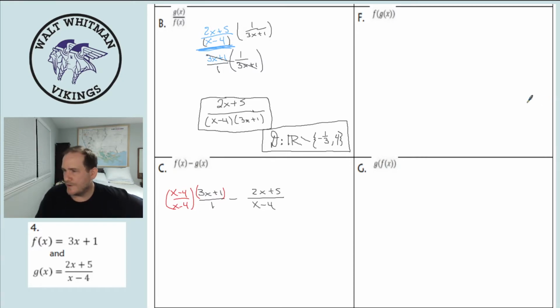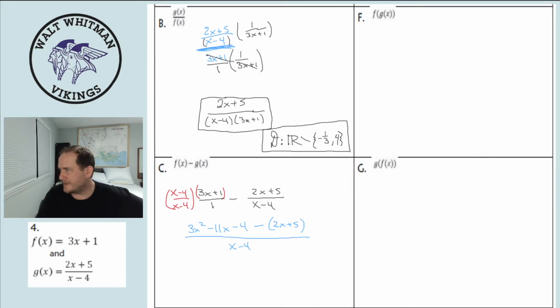That means our numerator is going to be 3x squared, minus 12 plus 1 is still negative 11x, and negative 4 times 1 is still minus 4. We're now subtracting this whole thing, 2x plus 5. And that's all going to be the numerator of a fraction whose denominator is the x minus 4.